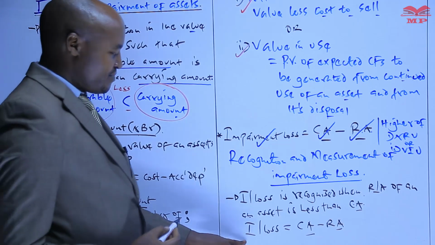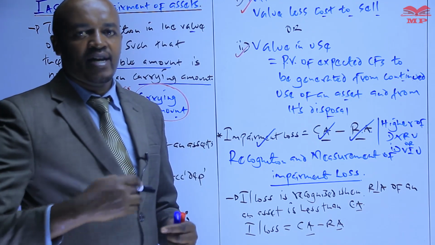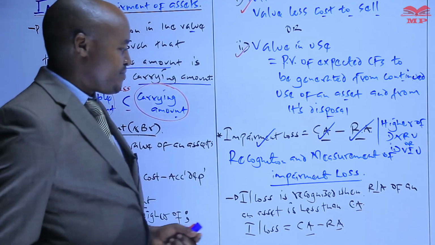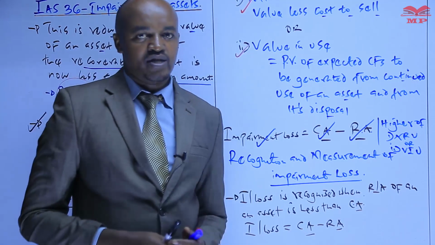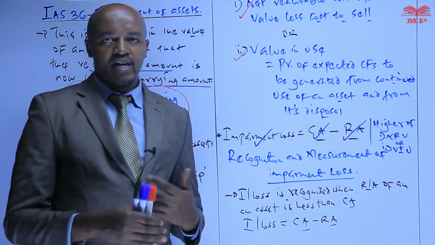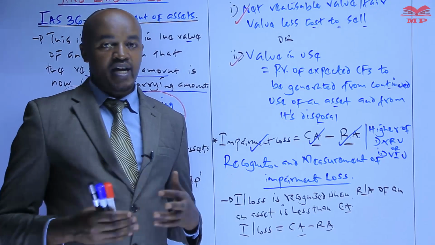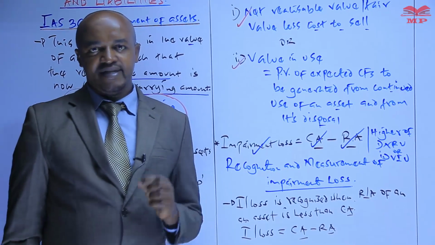Now, this particular impairment loss, which has been determined, how is it then accounted for by the company? So the accounting treatment of this particular impairment loss depends on the accounting model used by the company as permitted under IAS 16.